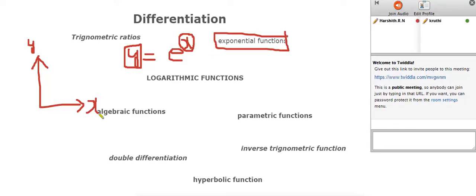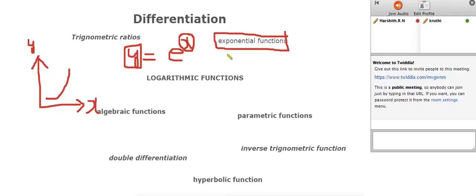As you are eligible to choose the value of x according to your wish, but the value of y is confined by the value of x. So y is called dependent, x is independent. If it is an exponential function, it will be growing. This is called positive exponential.